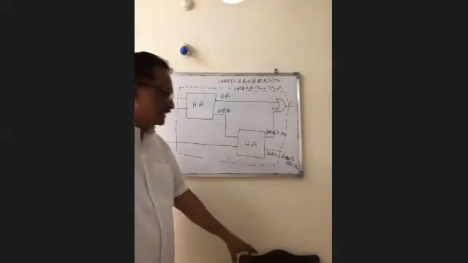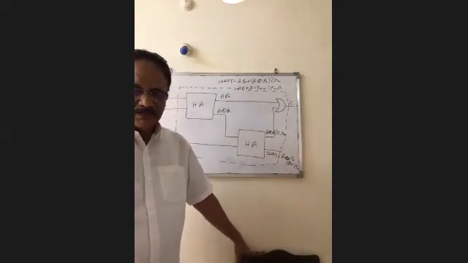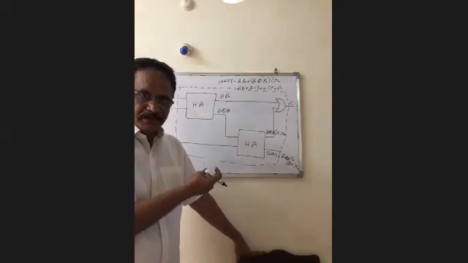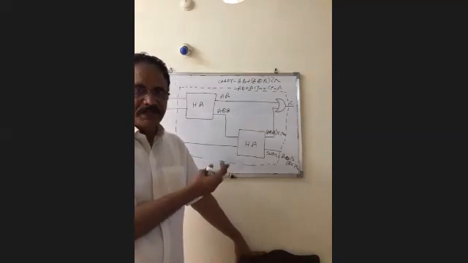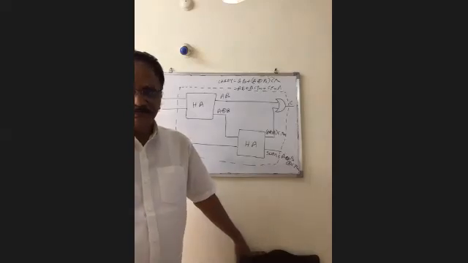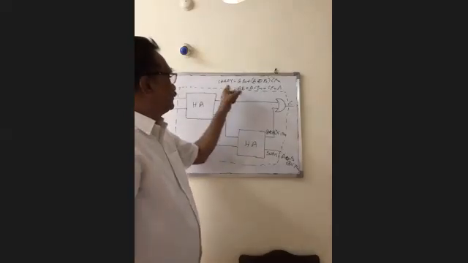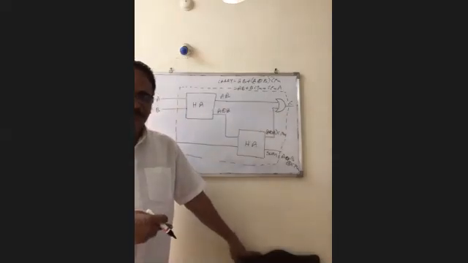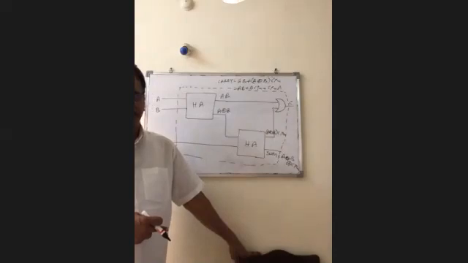The sum output of the second half adder is the sum output of the full adder. To produce the carry output of the full adder, we apply the carry output of the first half adder and the carry output of the second half adder to a two input OR gate. The output of the OR gate gives the final carry output of the full adder.